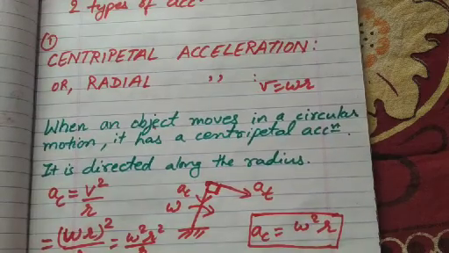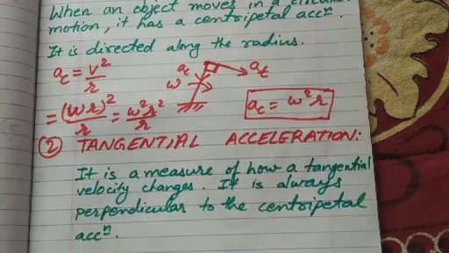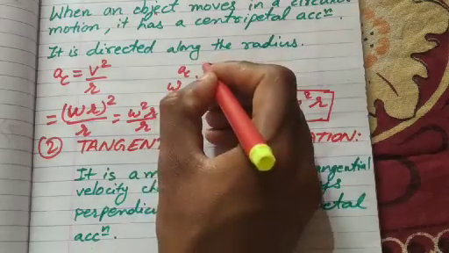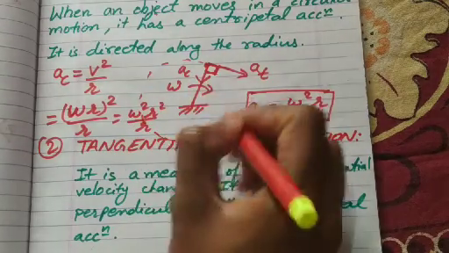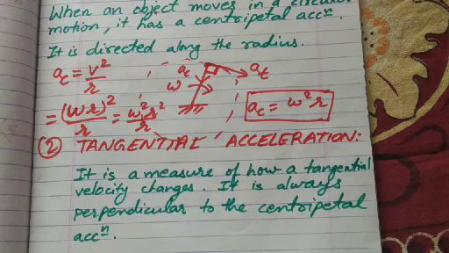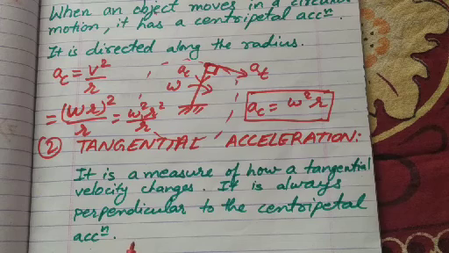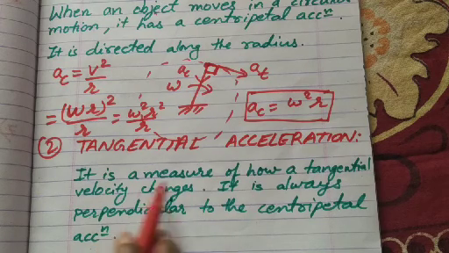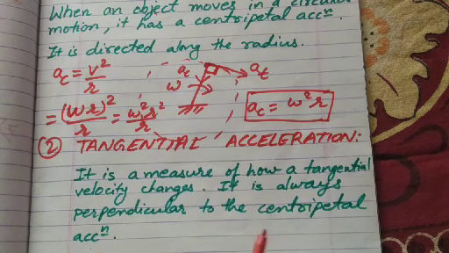Second one which we come across is tangential acceleration. So this body will rotate in a circular motion. The tangential acceleration is perpendicular to centripetal acceleration, and it is a measure of how the tangential velocity changes.